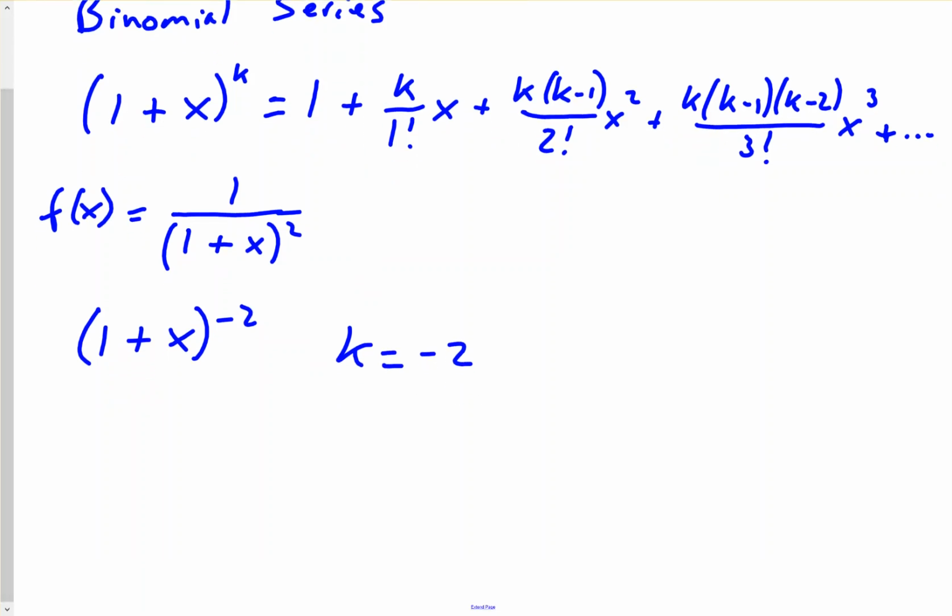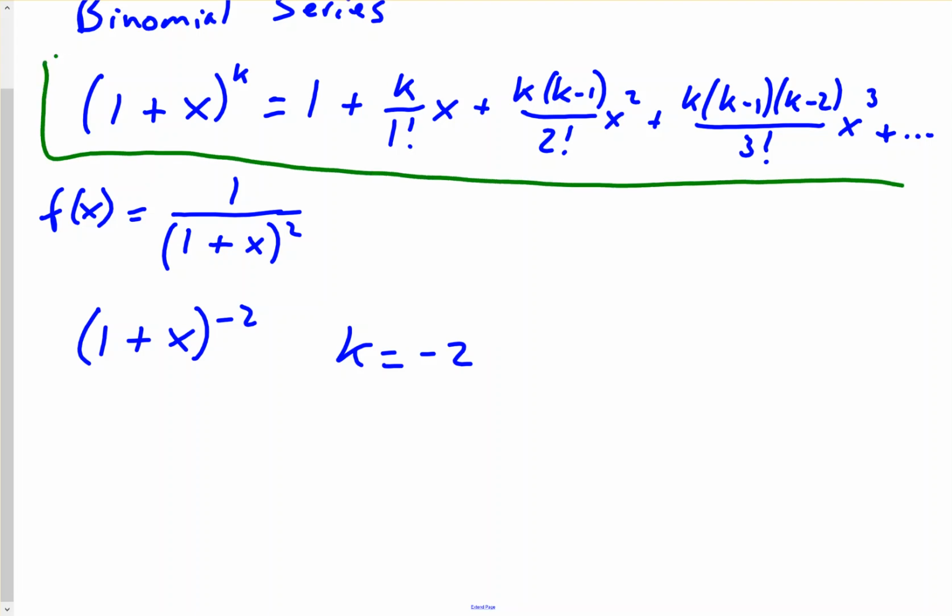So using that logic, we could go back into the formula for the binomial series, and everywhere there's a k, we can plug in negative 2.